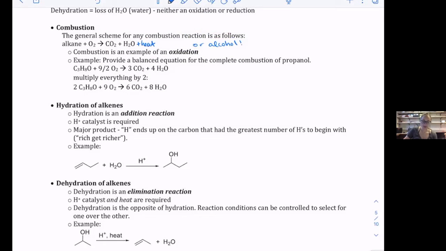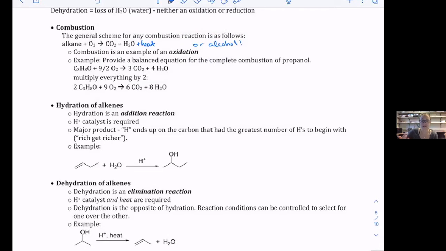And then we have hydration of alkenes, which is one of our addition reactions. You have water, and an acid catalyst is required for this reaction to occur. So pretty much all of the addition reactions require acid catalysts to happen.